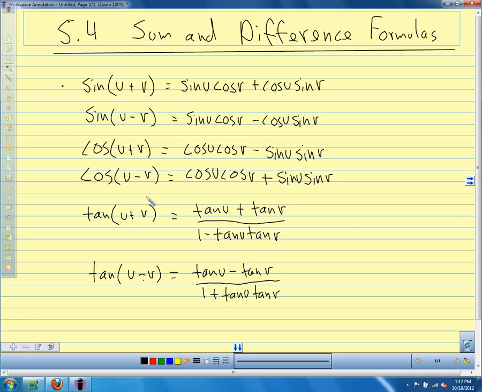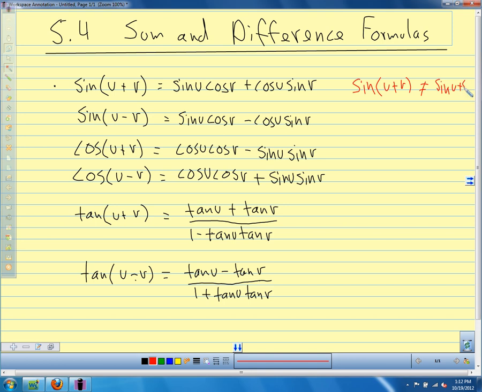But the really important thing to remember, and this is the kind of mistake that makes math teachers want to come back and haunt you after we die, is that the sine of u plus v is not sine u plus sine v.